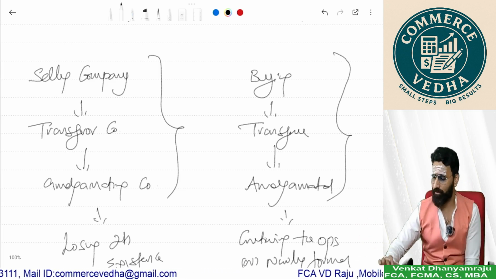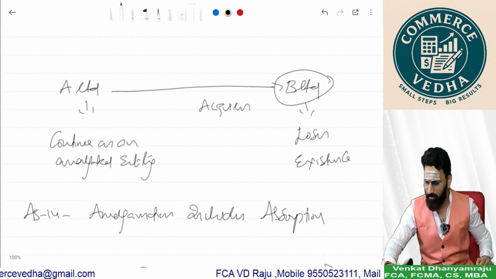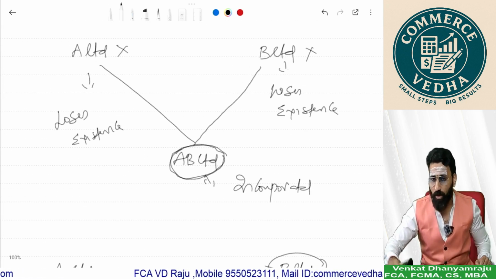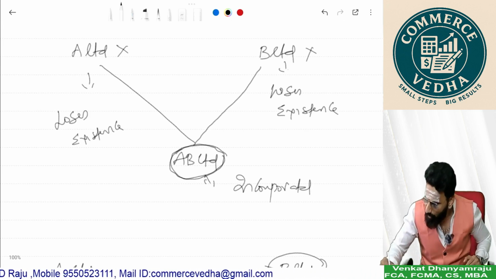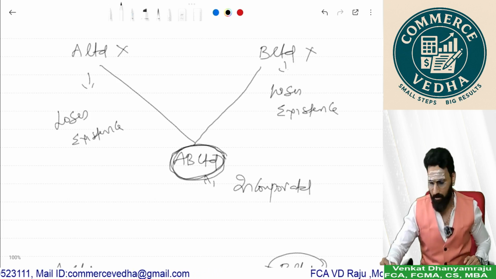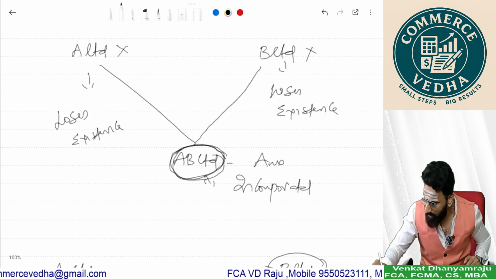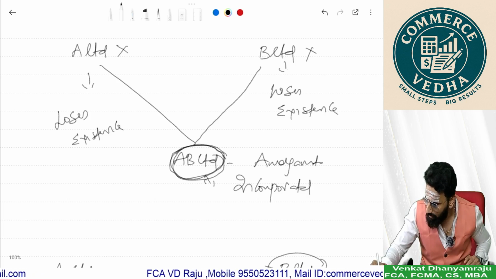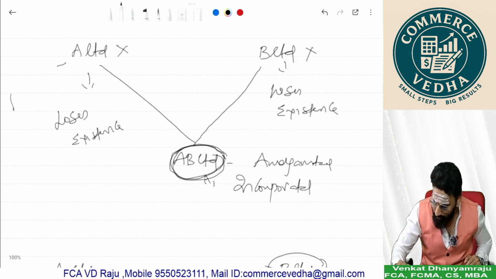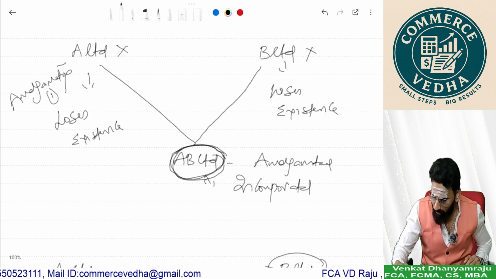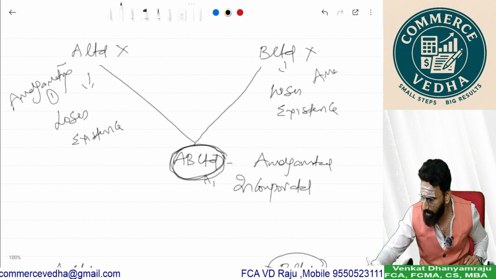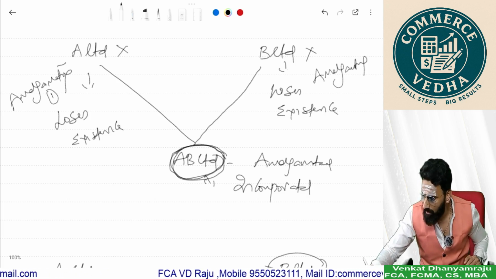To brief about this, what we should understand here is, either two existing companies lose their existence and form a new company. This is amalgamating company 1 and this is amalgamating company 2.